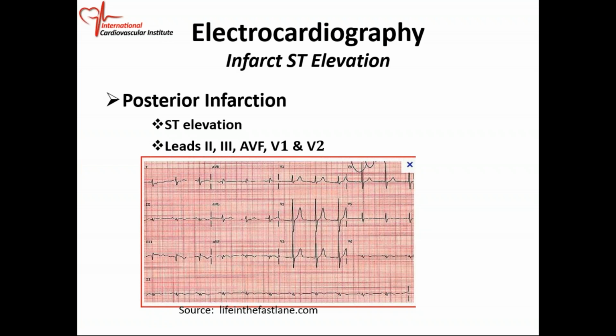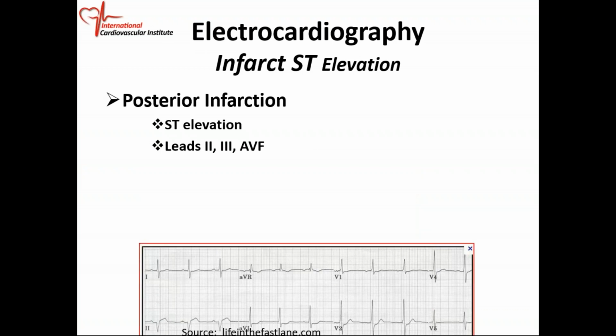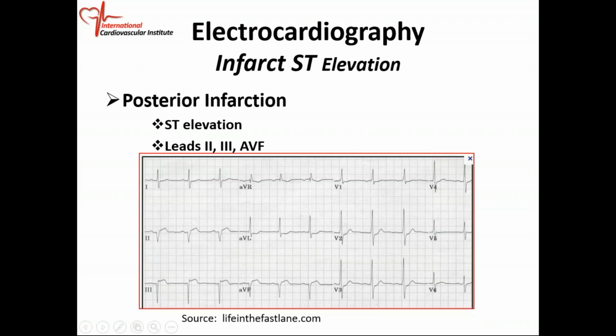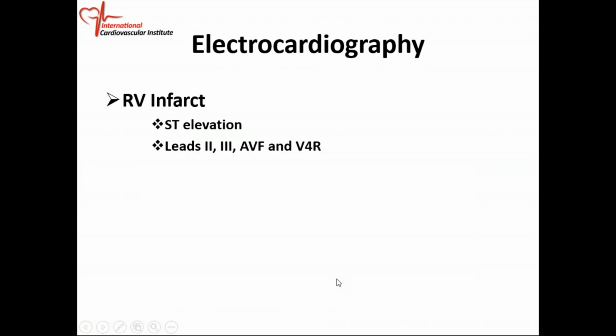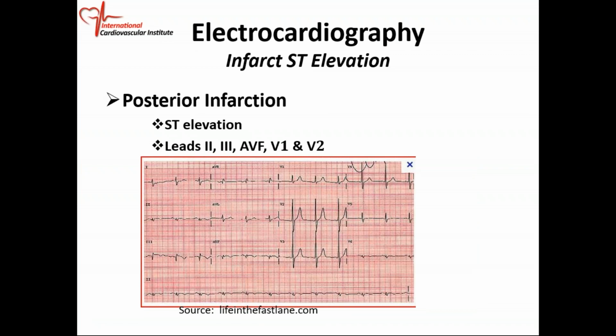So that's a posterior wall infarction, okay? Another type of posterior wall infarction is, this is the classic type, ST segment elevation in the inferior leads. So you have an inferior wall heart attack, prominent R waves in V1 and V2 with ST segment depression, okay? So that's probably the most common type.